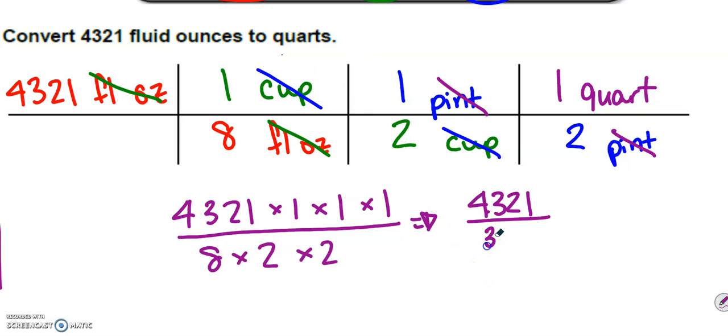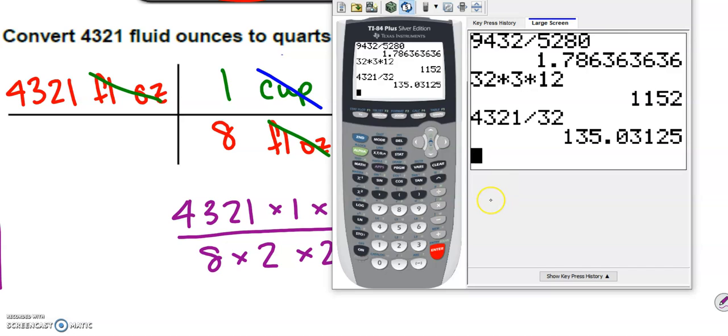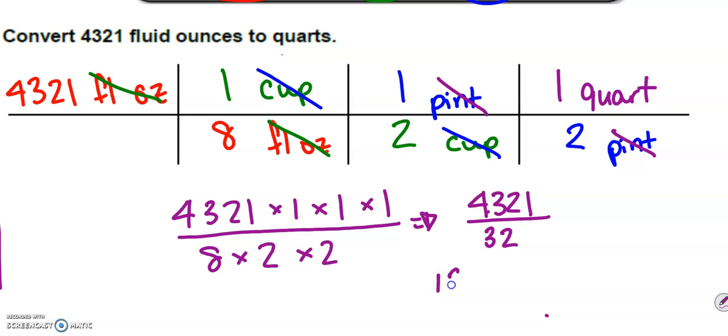Then we got 32. So now I'm going to take that and I'm going to put that in the calculator. So I have 4,321 divided by 32. And that gets me 135.03. So we'll say 135 quarts.